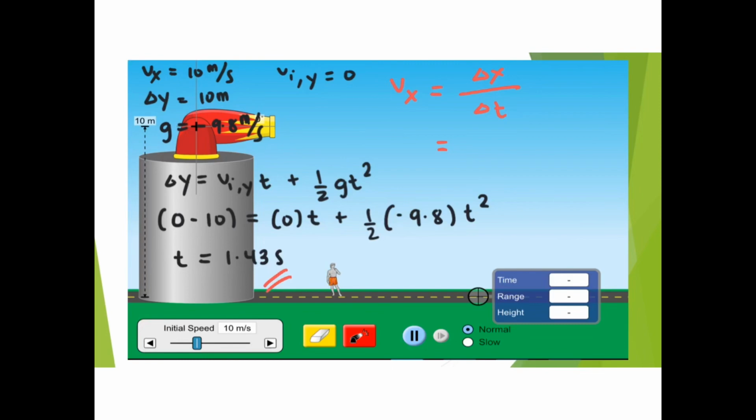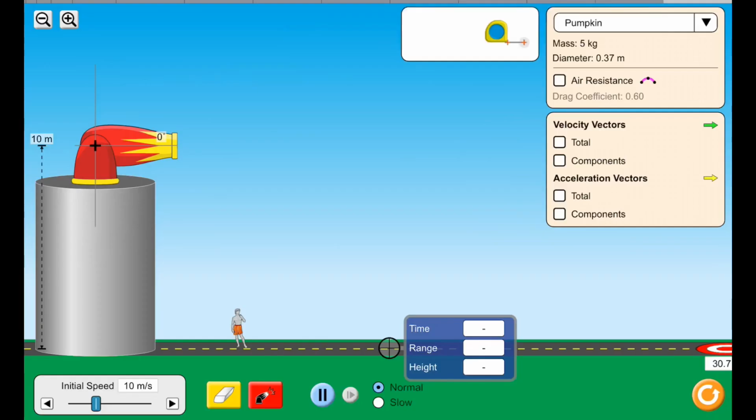Our initial horizontal velocity is given to be 10 meters per second. The horizontal displacement is what we need to solve for, divided by the time that we were able to solve, which is 1.43 seconds. This would then give us a horizontal displacement equal to 14.3 meters.